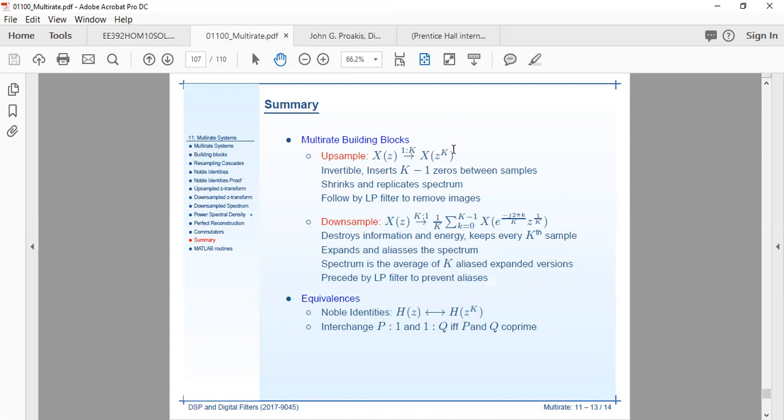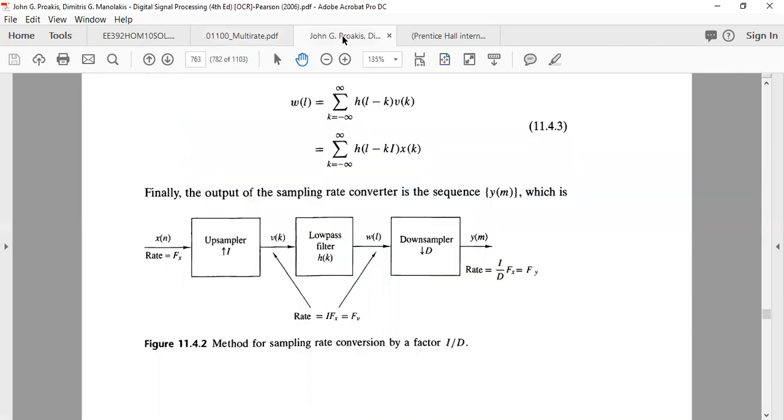Then this signal is passed through a linear time invariant system, that is h1 of z. When we are dealing with z transforms, when a signal passes through another block, we multiply the two z transformed functions: the z transform of the input signal with the transfer function of that block, in order to get the output.